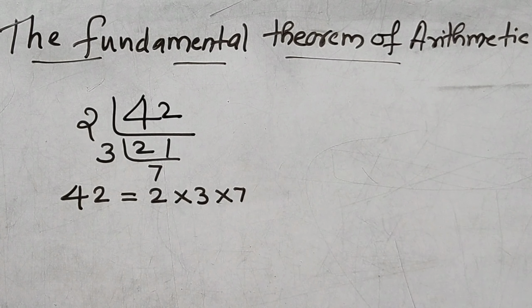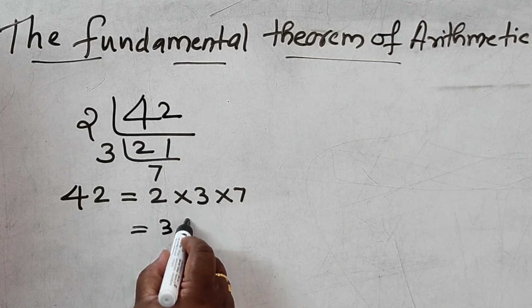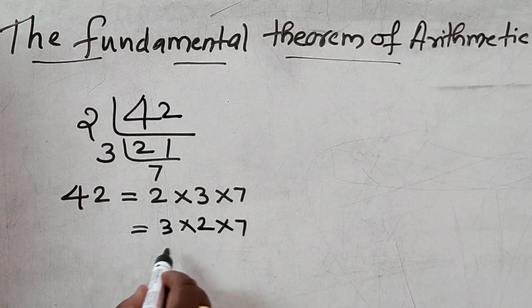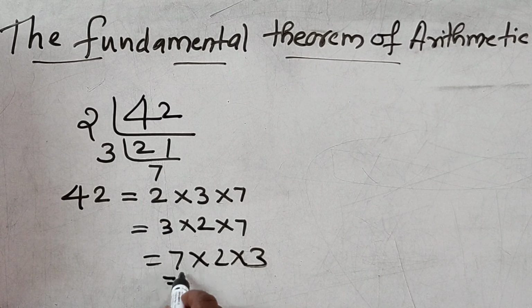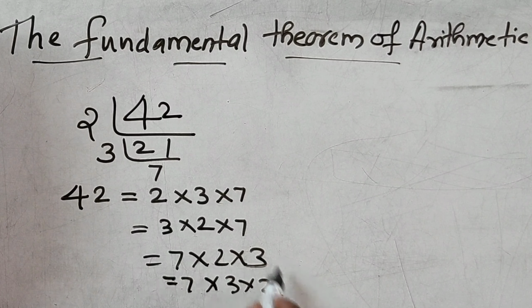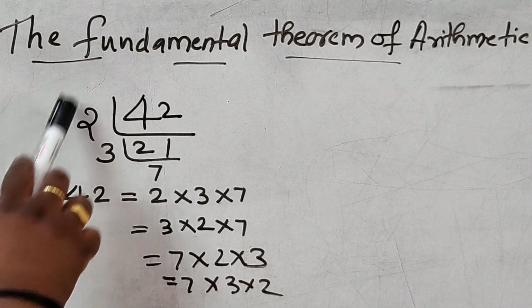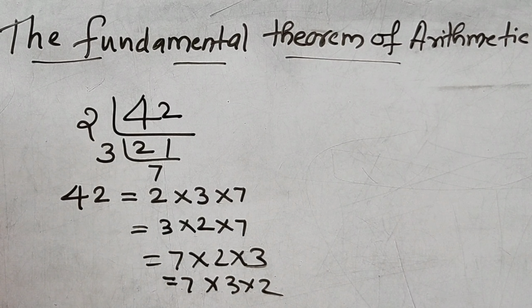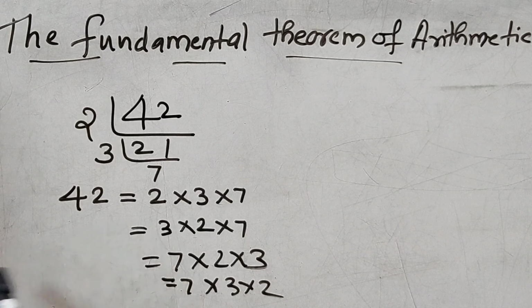For example, 2, 3, 7 can also be written as 3 into 2 into 7, or 7 into 2 into 3, or 7 into 3 into 2, like that. So we can say that every composite number can be expressed as the product of its prime factors, but the prime factorization is unique, though it can be written in any order.